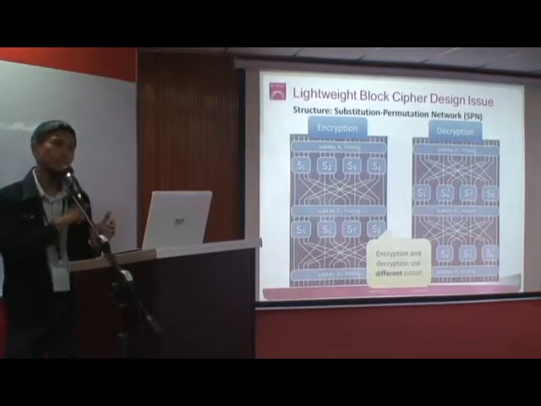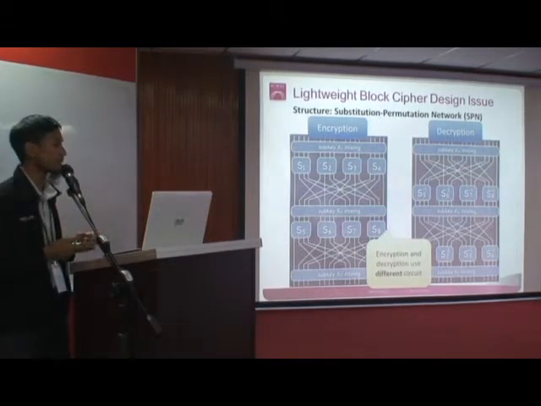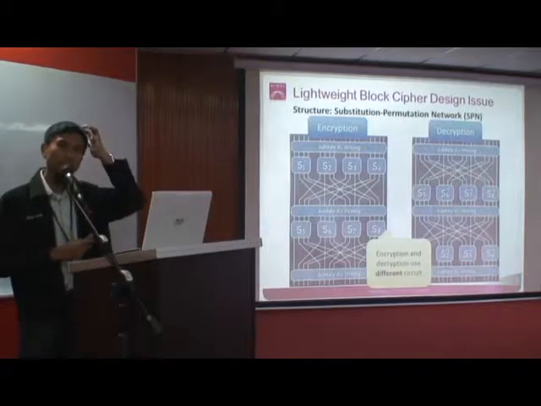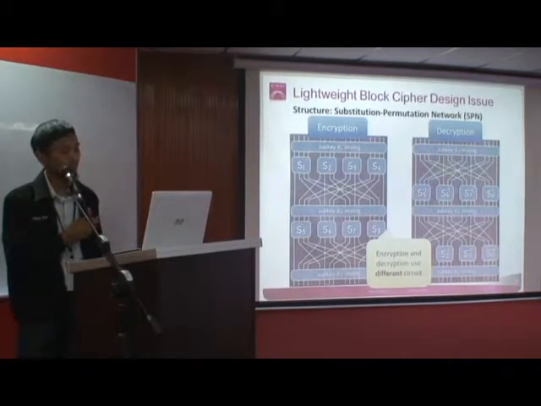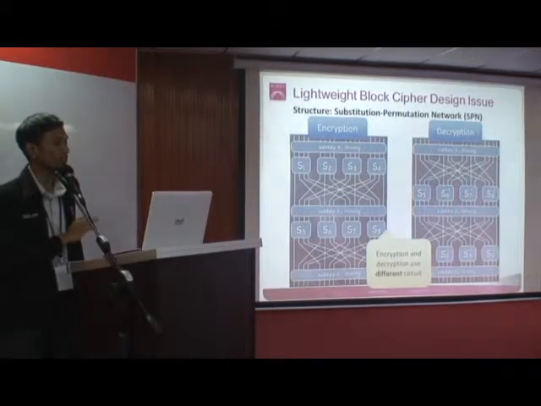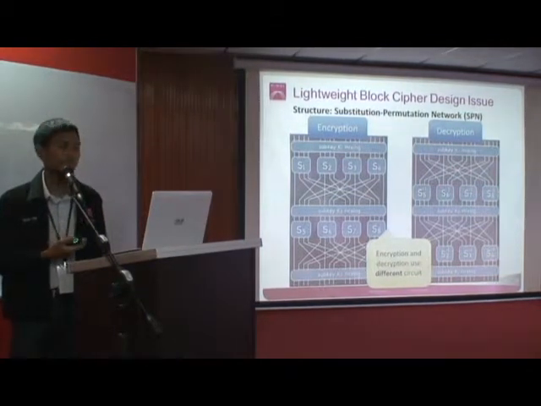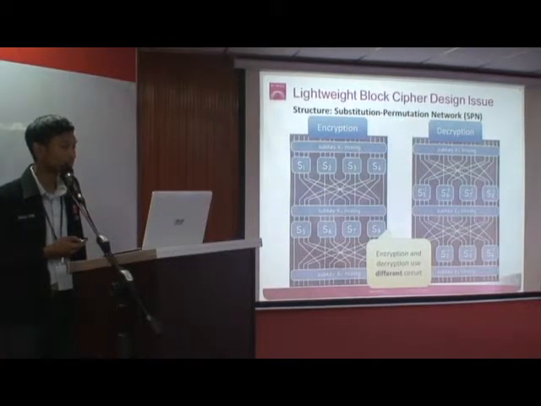In Feistel, in 1 round, the left part is not processed, so you need 2 rounds. Those are some of the advantages and disadvantages of these two structures. I won't go into LFSR, but these two are enough to illustrate why some people choose SPN and why some people choose Feistel.